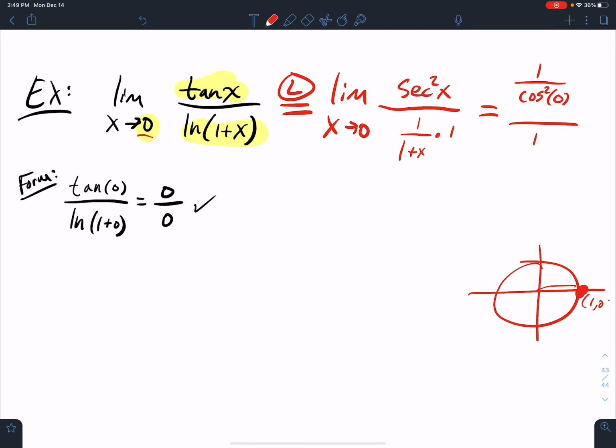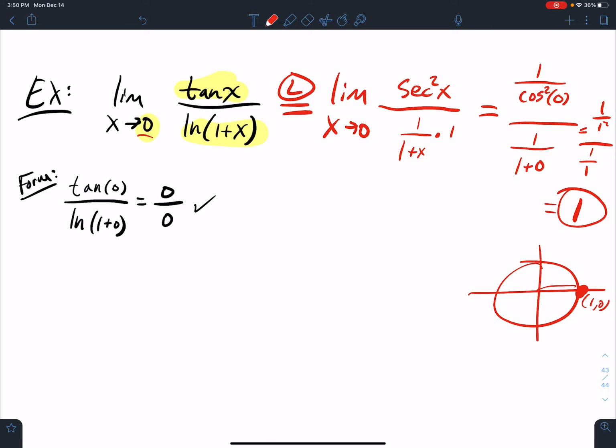So that's going to get me 1 over 1 squared, and then 1 over 1. So that's just 1. My answer is 1.